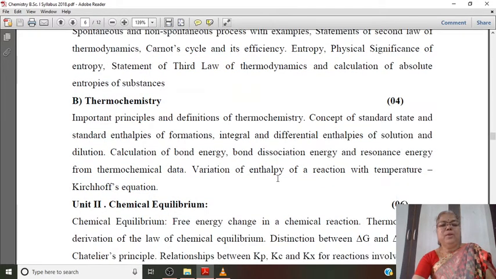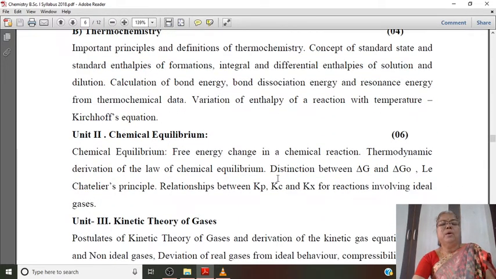Then I will introduce the second unit of paper number 3, which is chemical equilibrium. What does chemical equilibrium mean? Then free energy change in a chemical reaction, thermodynamic derivation of the law of chemical equilibrium, distinction between delta G and delta G0, Le Chatelier's principle, and the relationship between Kp, Kc and Kx.